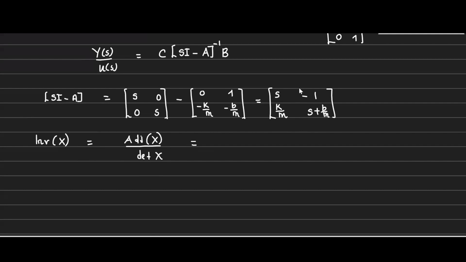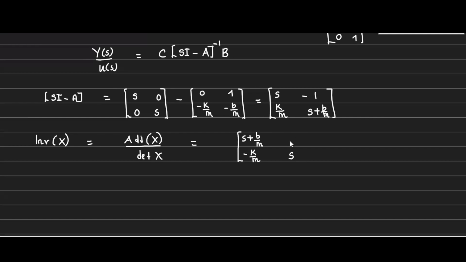So we exchange these elements in the major diagonal. This is the adjoint matrix. So S plus B over M takes this position, while S will take this position, while this becomes negative K over M.